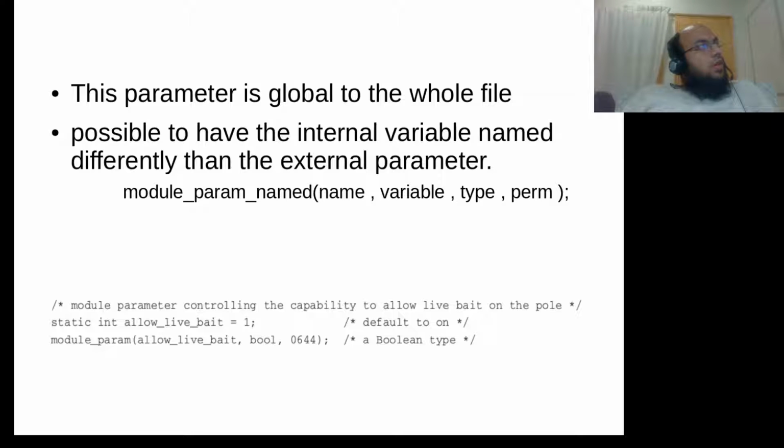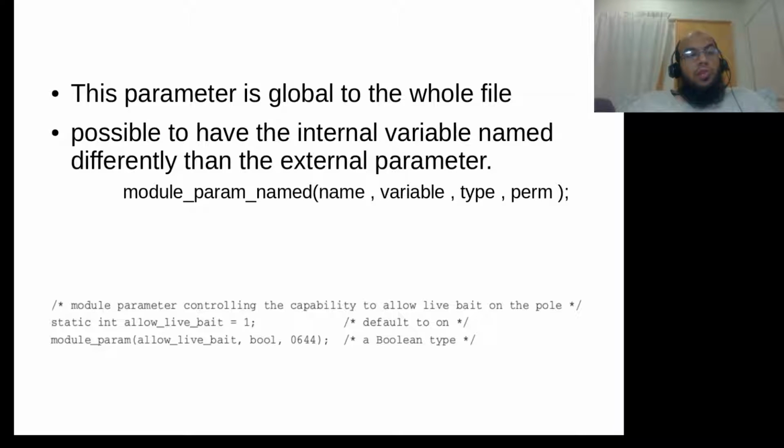So let's look at one example here for defining a value and a module_param. Suppose you have a new variable that you want to call allow_live_bait. You define the variable first, and then you pass it to module_param. In this case, you say that it will be a boolean type.